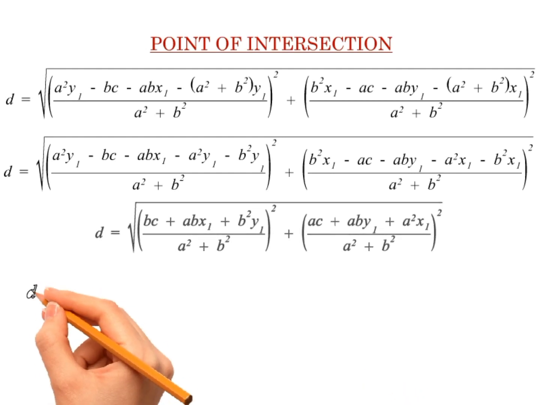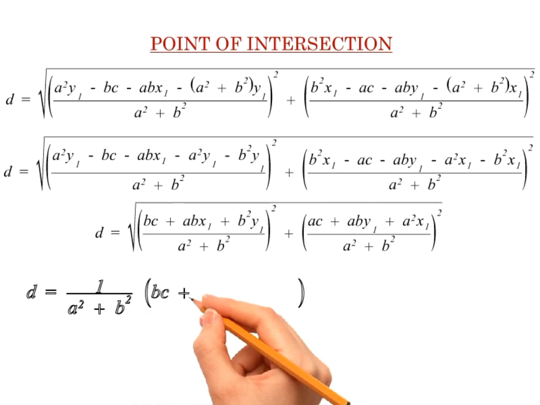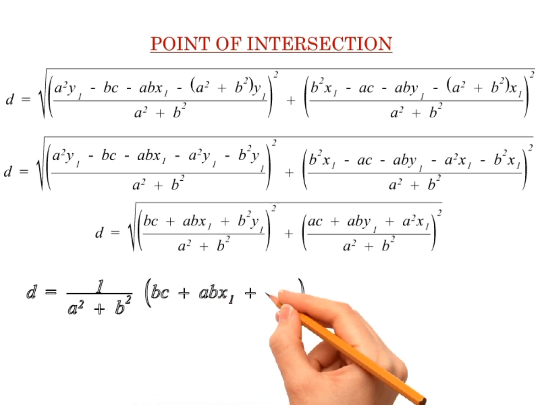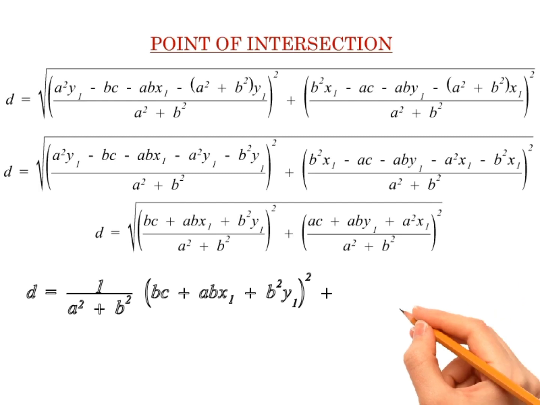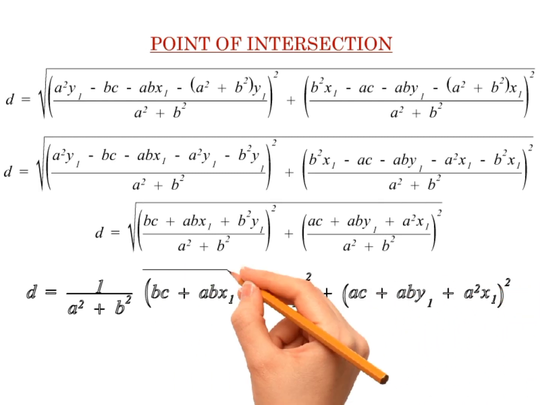Let's factor out the denominator. d equals 1 over a square plus b square, times the square root of bc plus ab x1 plus b square y1 squared, plus ac plus ab y1 plus a square x1 squared.